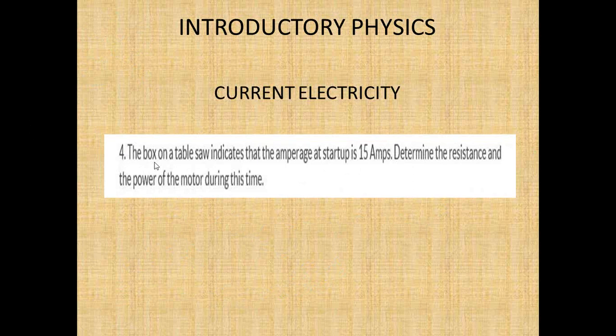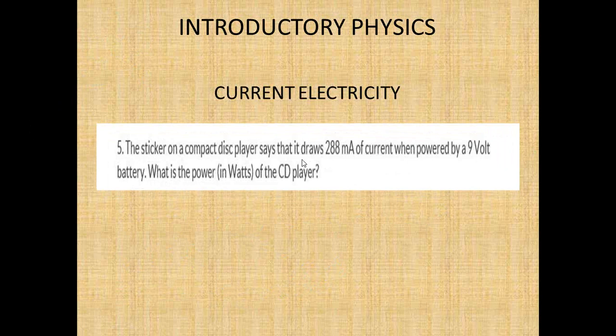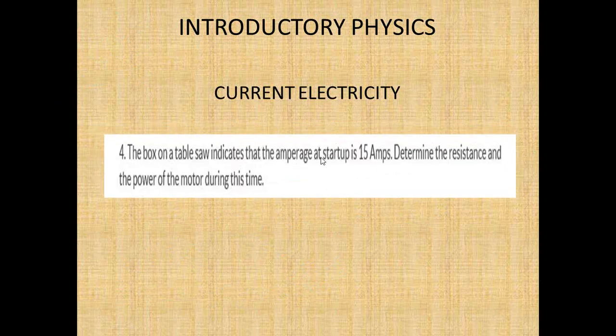Okay, so this one, the box on the table indicates that the amperage, this is the current at startup, is 15 amps. All right. Determine the resistance and the power of the motor during this time.